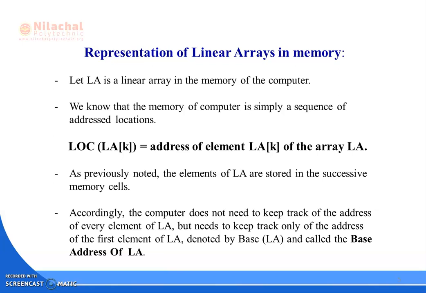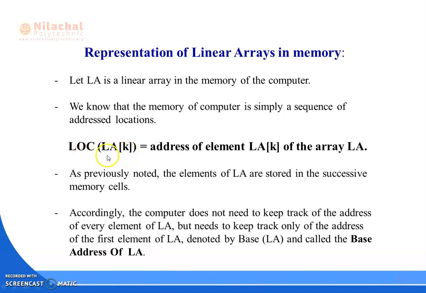So how can we find the address location of any element in the array, or if we have the address location, how do we find what the data element in the array is? In order to find the location, we will be discussing the formula. It is denoted by LOC, the name of the array and the position in the array.